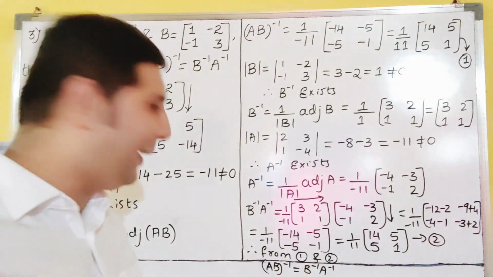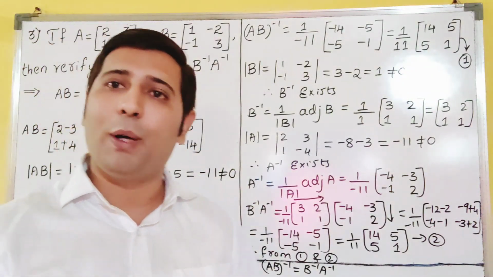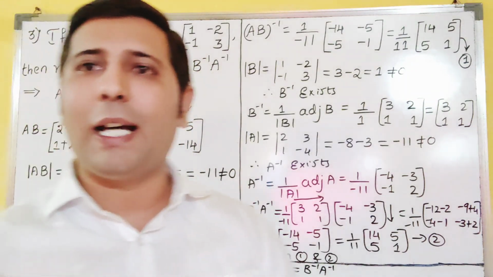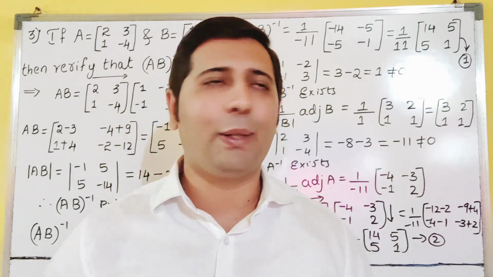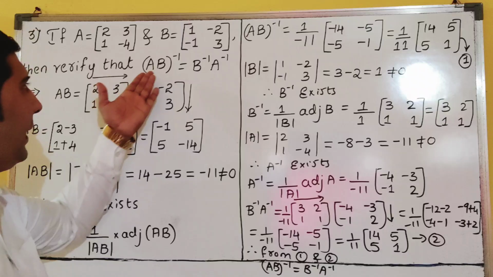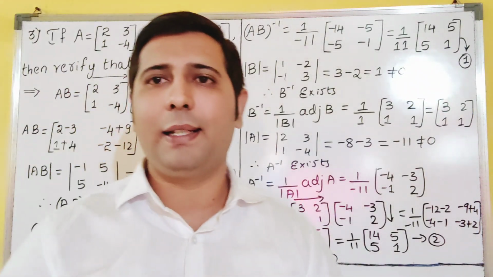I hope you can see this one. We got both are equal, dear students. So I hope you have understood. Hence verified, because they had told to verify that AB inverse is equal to B inverse into A inverse. This is our answer, dear students.